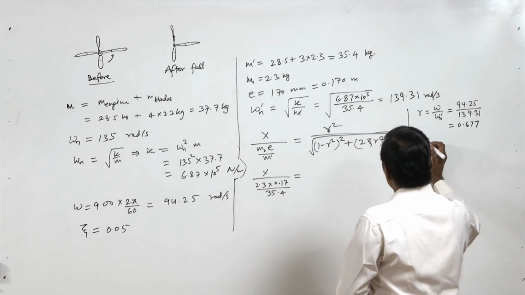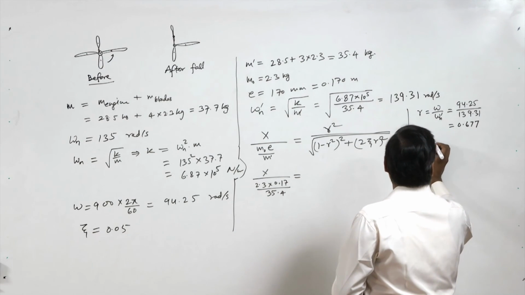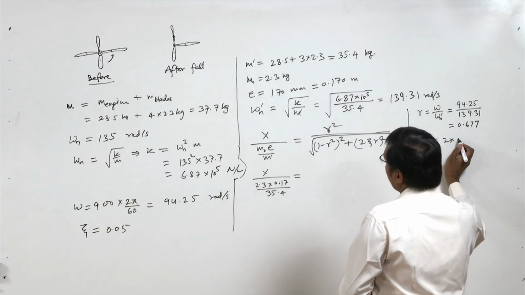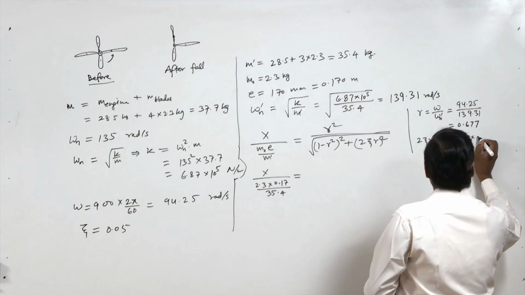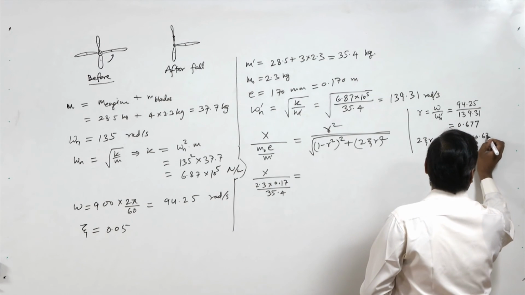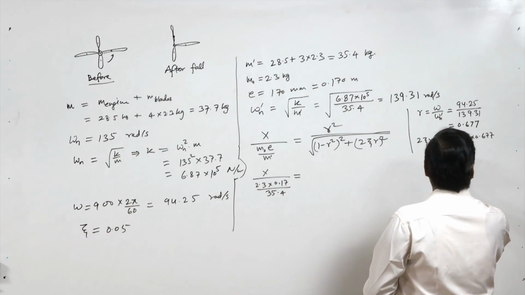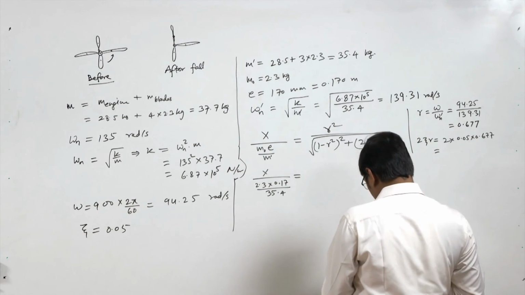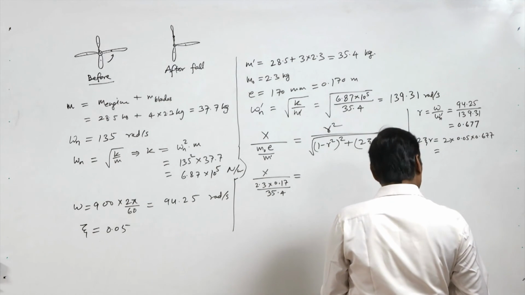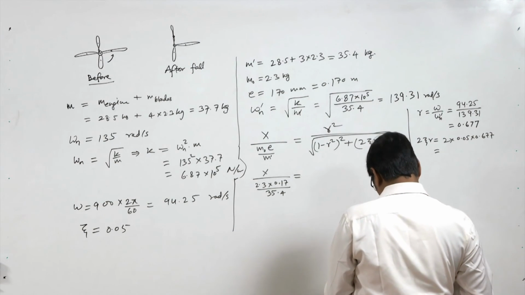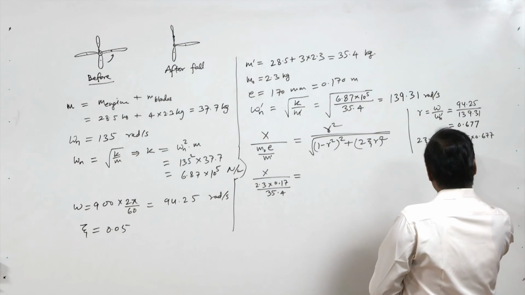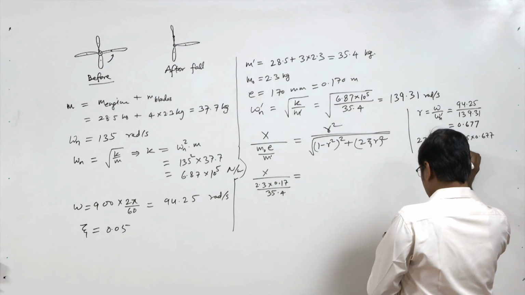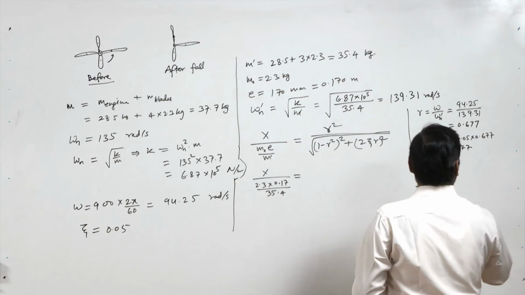So this is r, and 2 zeta r equals 2 into zeta, which is 0.05, into r, which is 0.677. So it is 0.0677.